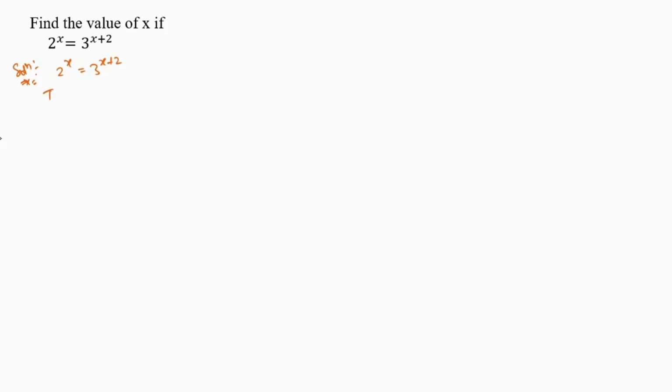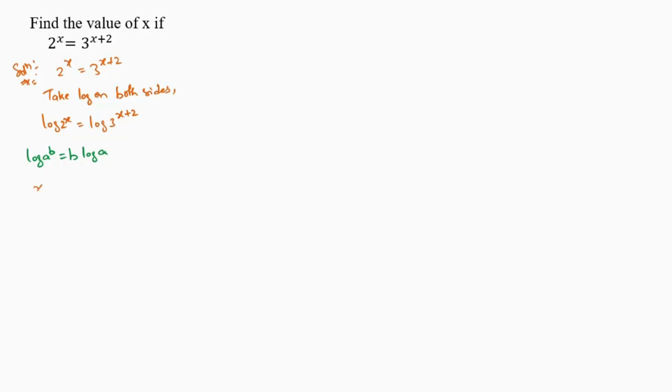So, take log on both sides. We get log 2 raised to power x equals log 3 raised to power x plus 2. Now use the power rule, which says log a raised to power b can be written as b log a.